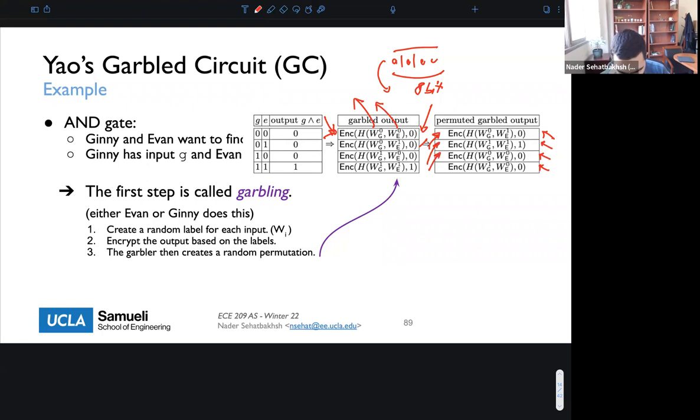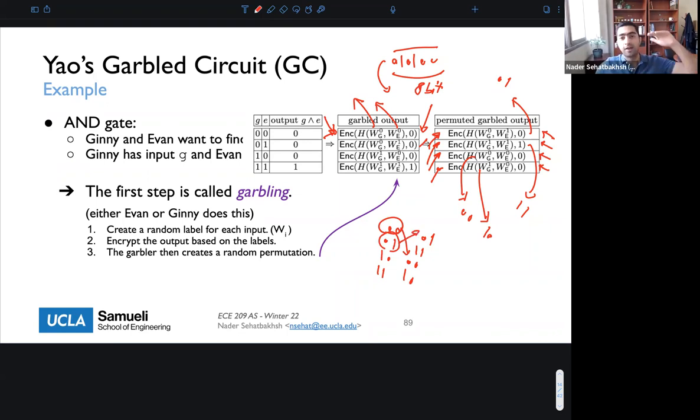As you can see, for example, this is 0, 1 inputs, this is 1, 1 inputs, this is 0, 0 inputs, and this is 1, 0 inputs, right? Originally we had 0, 0, 0, 1, 1, 0, 1, 1. Now with this random permutation, we have 0, 1, 1, 1, 0, 0, and 1, 0. So we just move these things around, this to here, this to here, and so on.